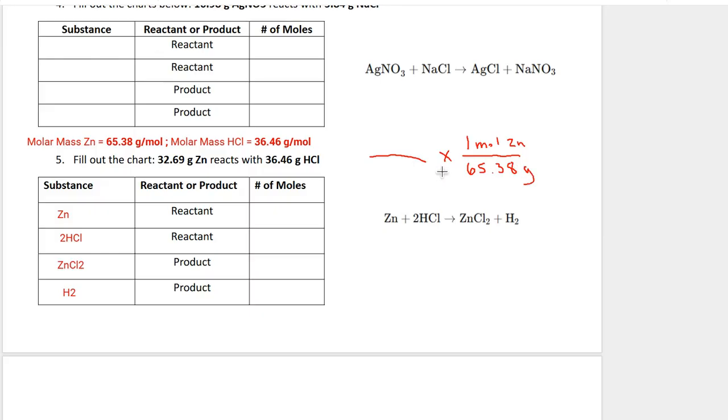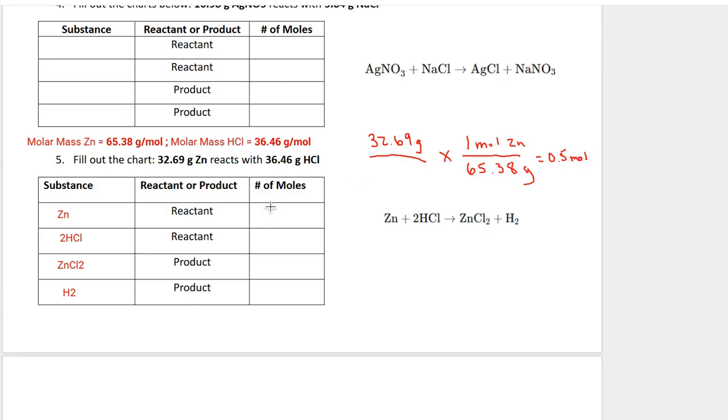But we don't have 65.38 grams. We have less than that. We have 32.69 grams. And then it's just top times the top divided by the bottom. 32.69 times 1 is 32.69 divided by 65.38. If you do that on your calculator, you're going to get 0.5 moles.